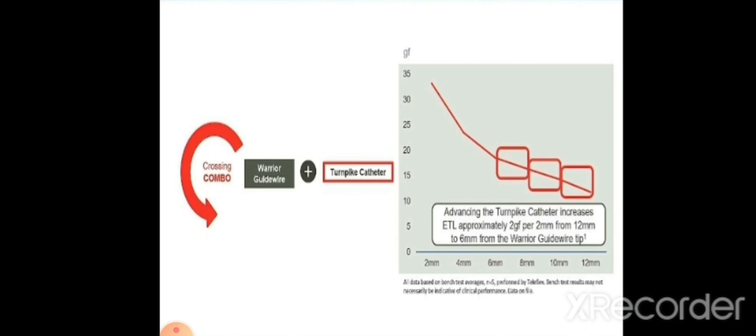If we have a guide wire and a Turnpike catheter, with the tip of the microcatheter positioned at 12 mm distance from the tip of the guide wire, advancing the Turnpike increases the effective tip load approximately 2 gram per 2 mm from 12 mm to 6 mm from the guide wire tip. After the distance of 6 millimeter, the exerted force will jump up to about 35 gram force.